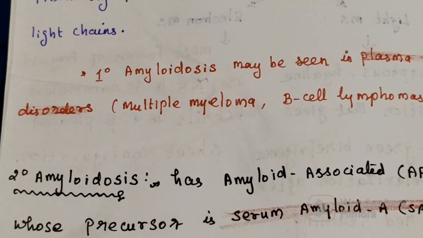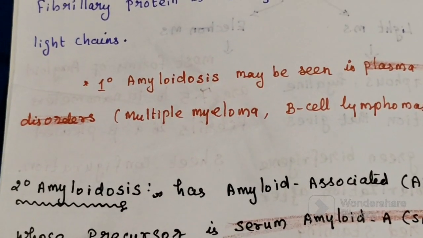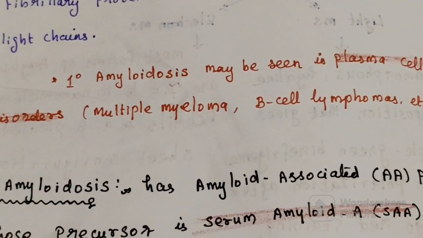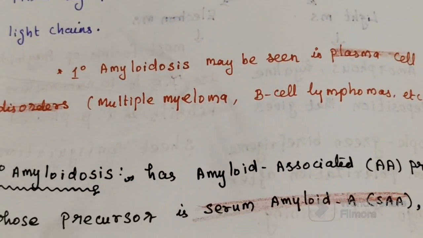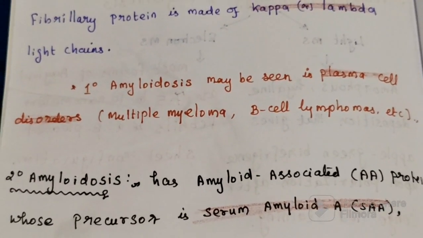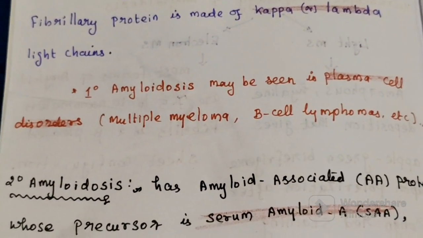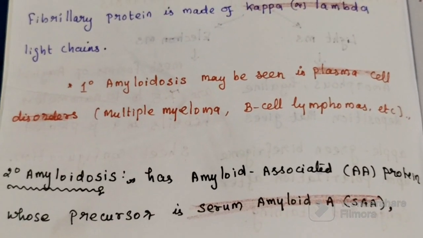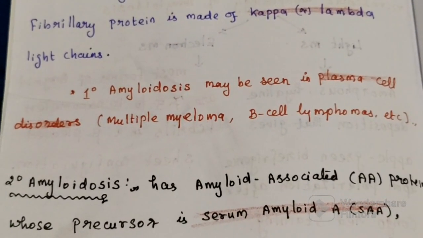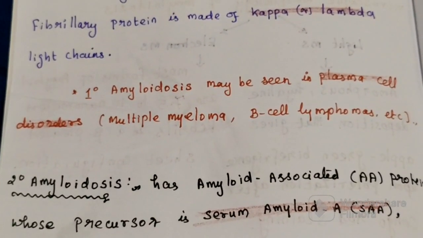Now secondary amyloidosis, also called reactive systemic amyloidosis.